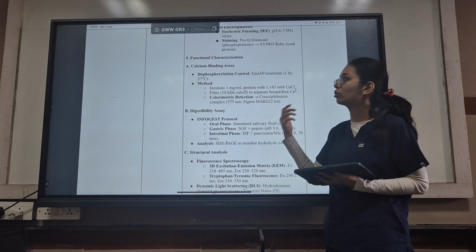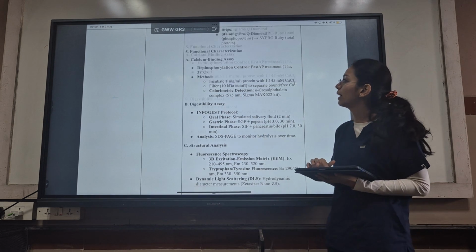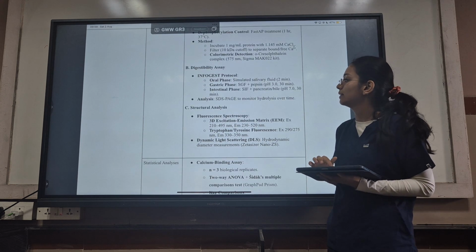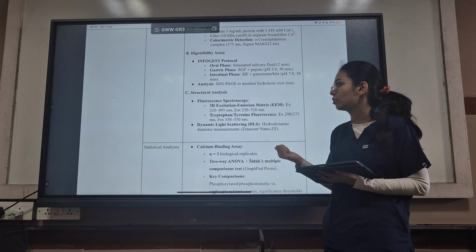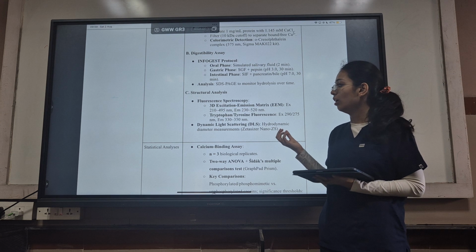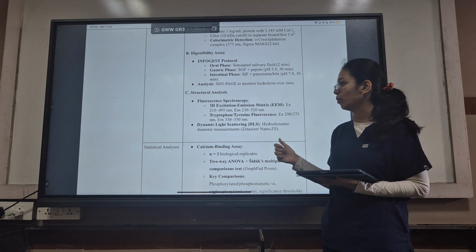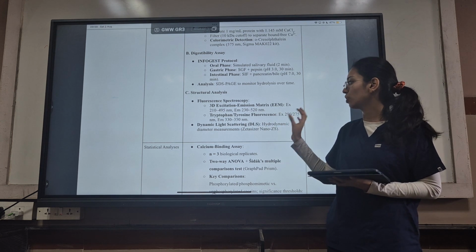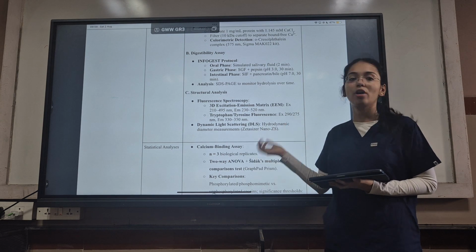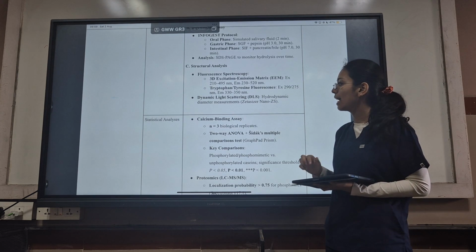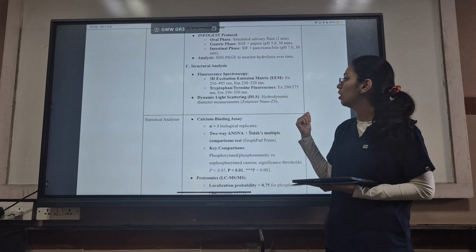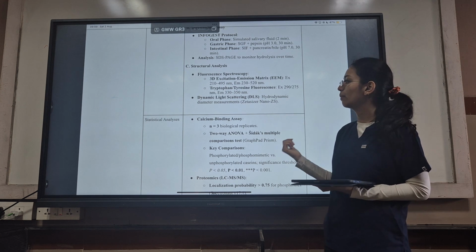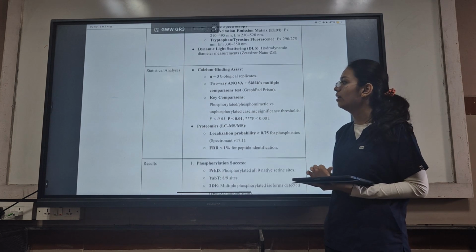Functional characterization was also done, like calcium binding assay and digestibility assay. Structural analysis was also carried out, like fluorescence spectroscopy, 3D excitation emission matrix, and tryptophan fluorescence. Dynamic light scattering, including hydrodynamic diameter measurements, was also studied.